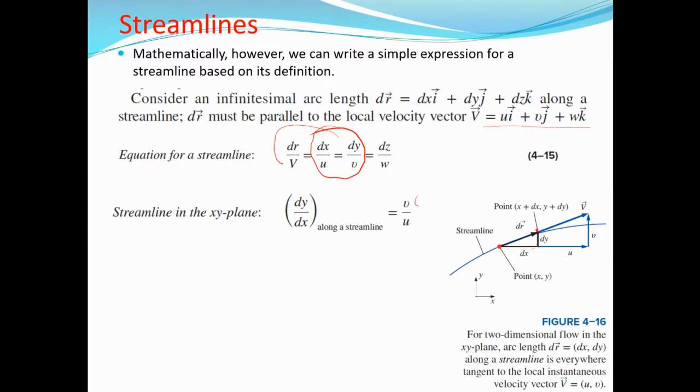Remember, u is a function of x, y, z, and t. Also, v is a function of x, y, z, and t. Also, w is a function of x, y, z, and t. So if these functions are defined, the equation of the streamline will become evident. dy/dx is equal to v over u.